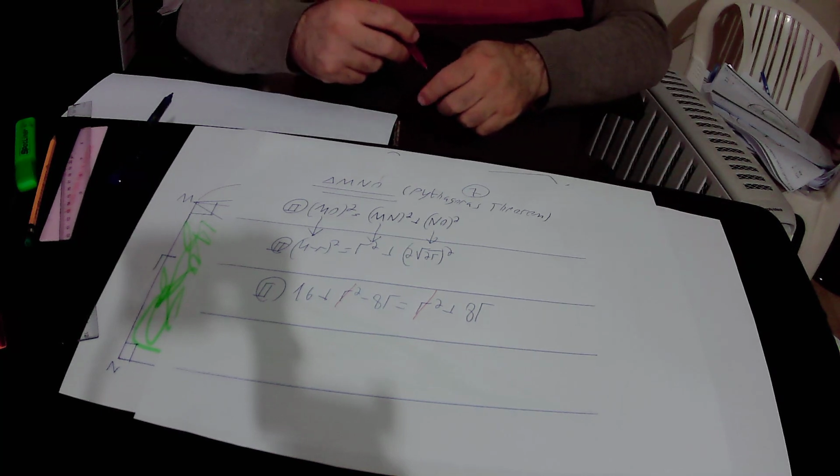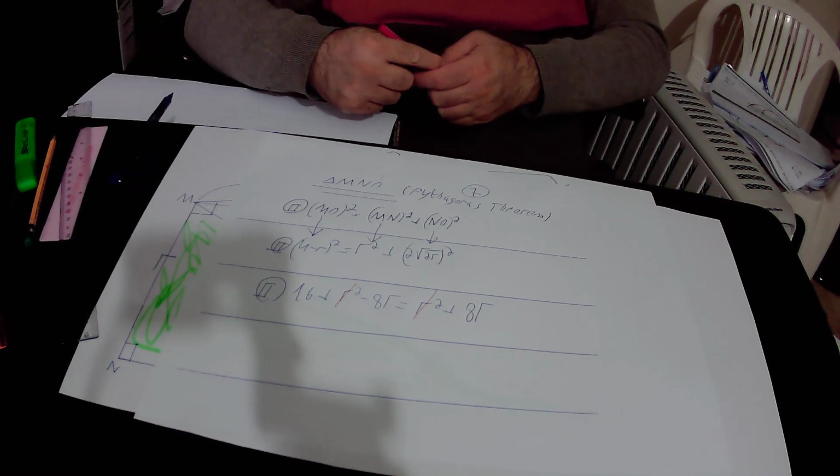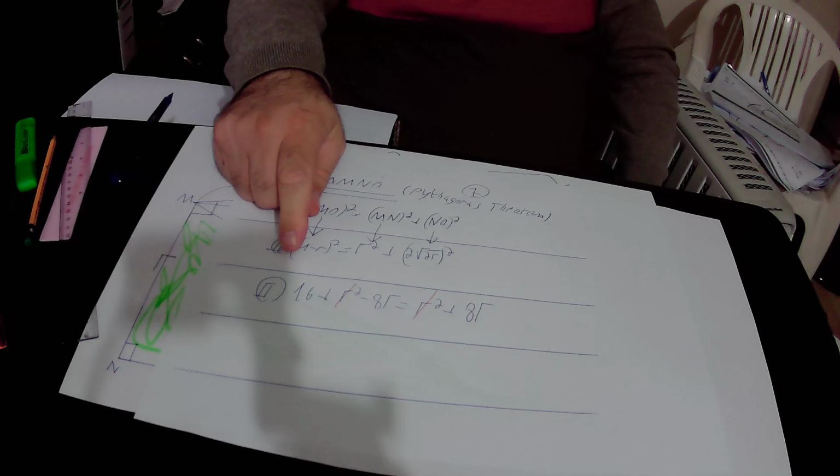What is left of equation number 2 after we cancelled R square?